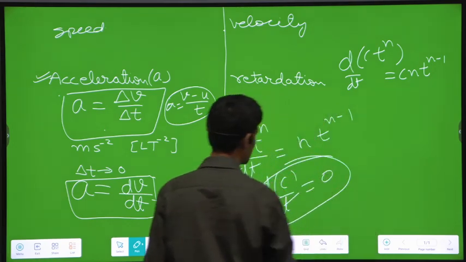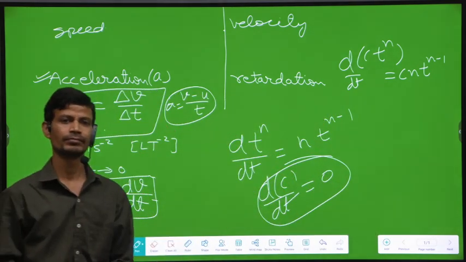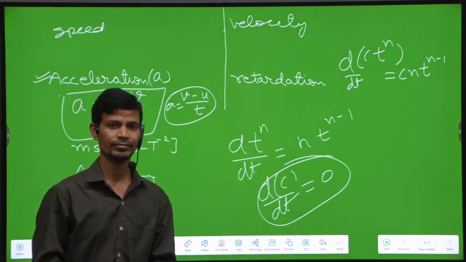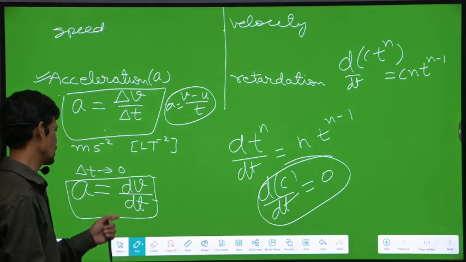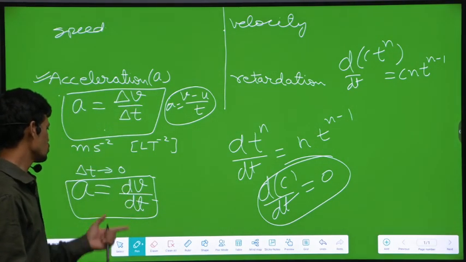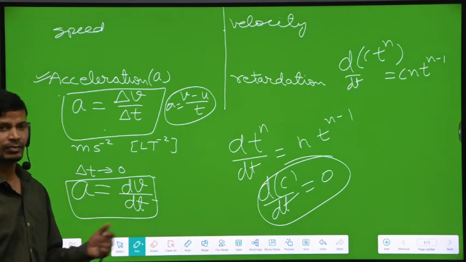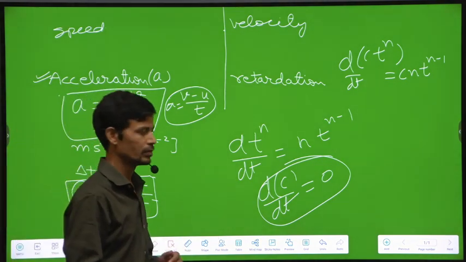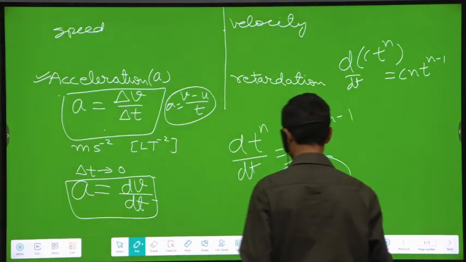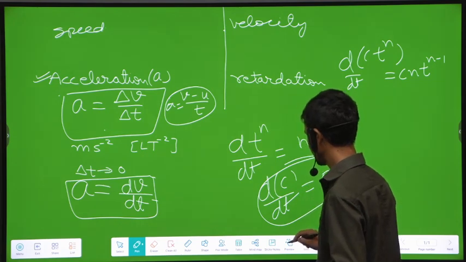If a constant is alone, then it will vanish, and it's totally accepted. In dv by dt, if velocity is constant, then acceleration will be 0. Totally understood.